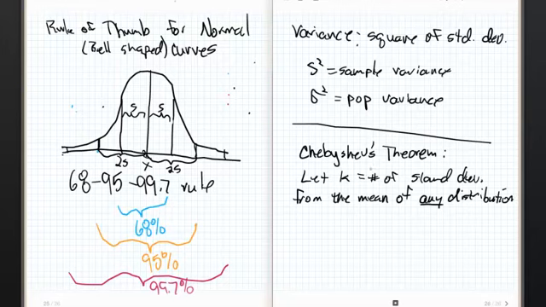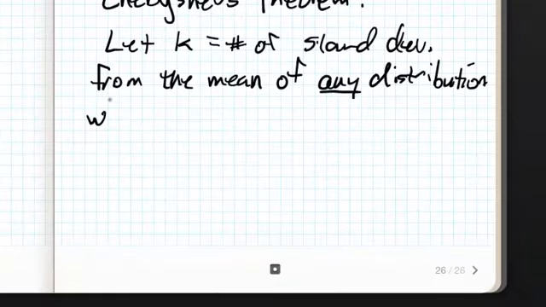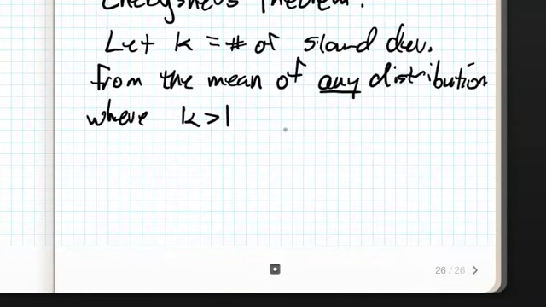All right? It doesn't have to be bell-shaped. It doesn't have to be uniform or look like a rectangle or anything like that. It can look like anything. It can be one of those bimodal ones. It can be as crazy as it wants to be. Okay? If I let k equal the number of standard deviations away from the mean of any distribution where k is greater than 1.